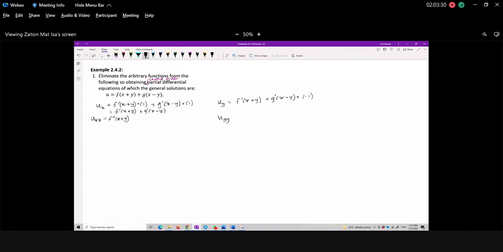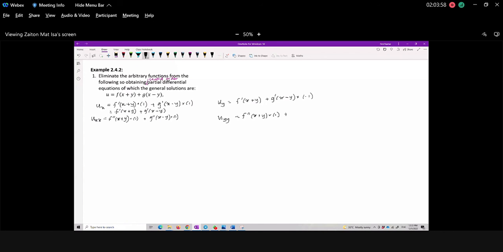So for the multiplication, g double prime x minus y times 1. Okay. For uyy, f double prime x plus y is just times with 1 as well, this time with respect to y.